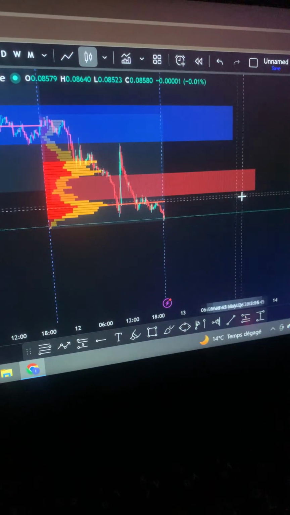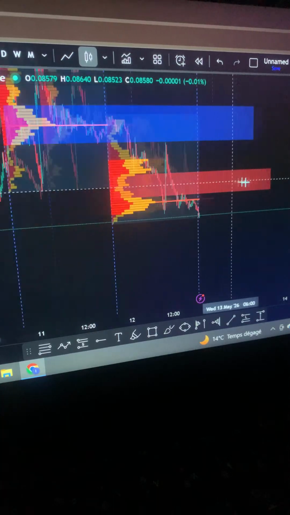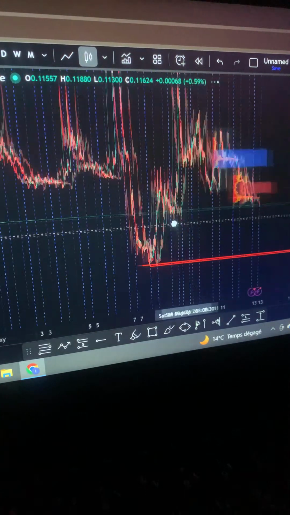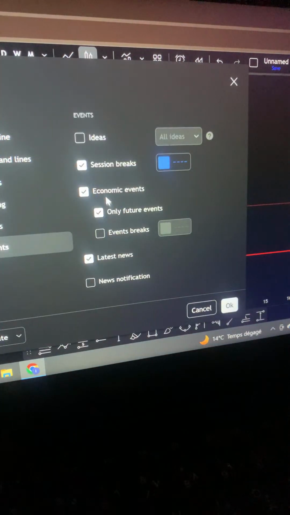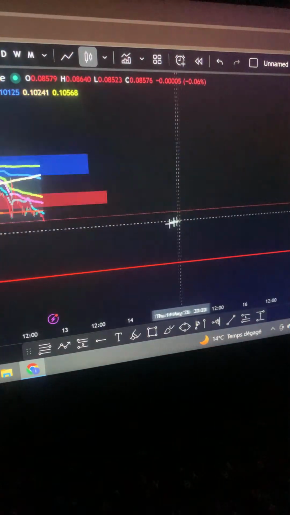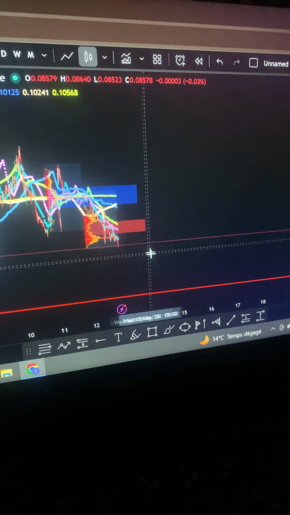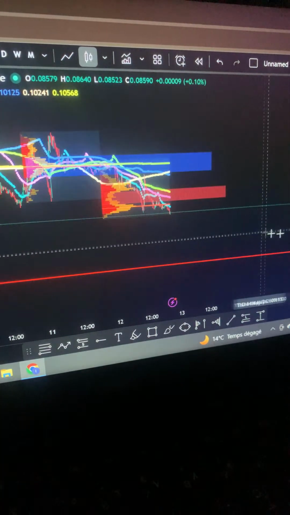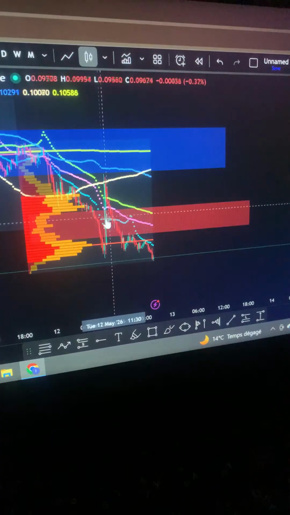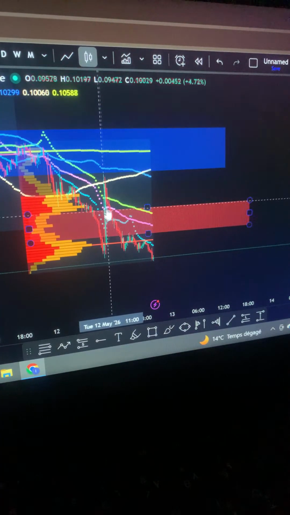Now let's look at the VWAP, what it gives us in the 15 minutes. The VWAP is showing a little bit of moving to the downside, because whenever we come to it, we just reject, and that one is very beautiful.